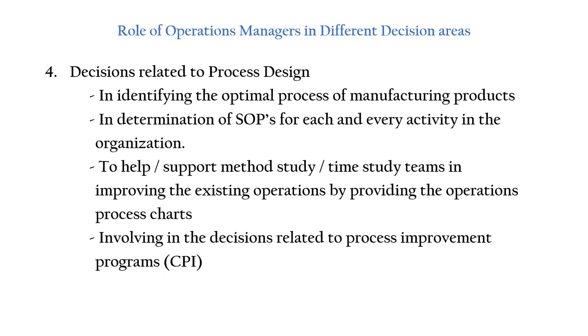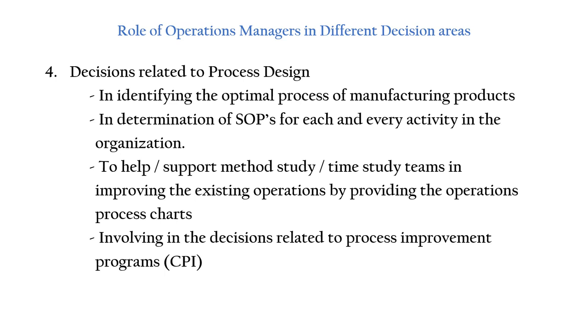So operation process charts are made for different operations, which will be available with the operations manager, and the operations managers will help the method study or time study teams in improving the existing operations using the present operational procedures which are available in the process charts. Then involving in decisions related to process improvement programs.